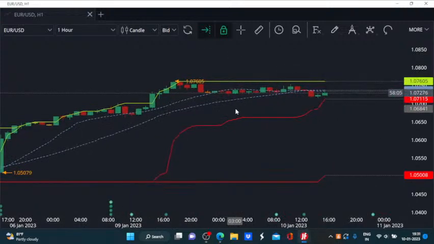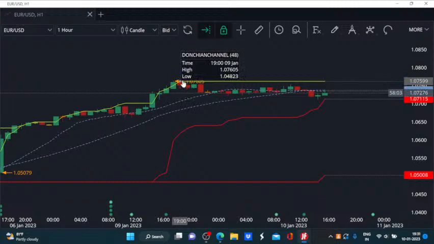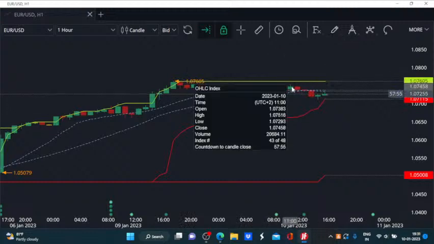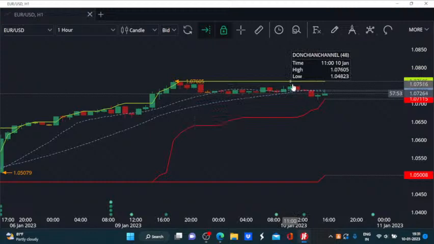Now on the higher side, in today's session in particular, the Euro USD seems to have reached a plateau. It is consolidating with slightly corrective momentum.